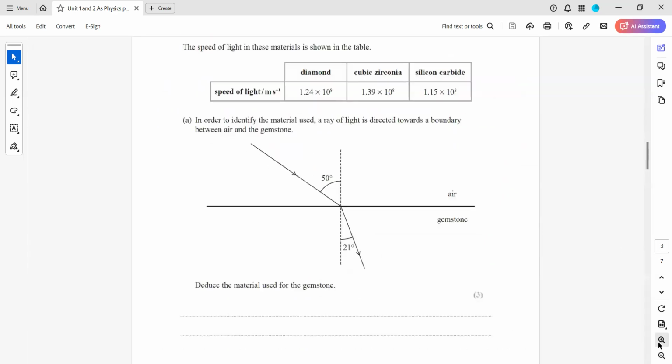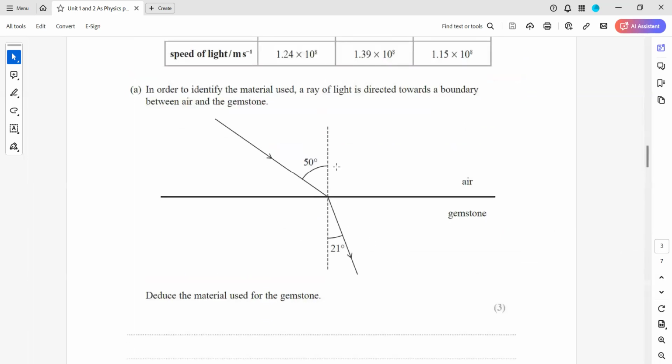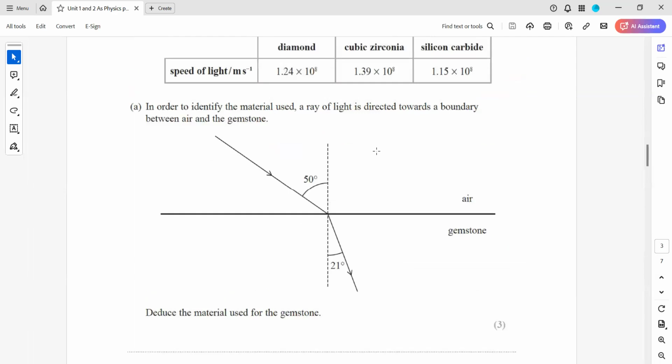First, we'll work out the refractive index of the medium, and then from the refractive index, we work out the speed. And from the speed, we can compare. Snell's law will use n1 sine theta 1 equals n2 sine theta 2. If the medium is air, the refractive index of air is 1.